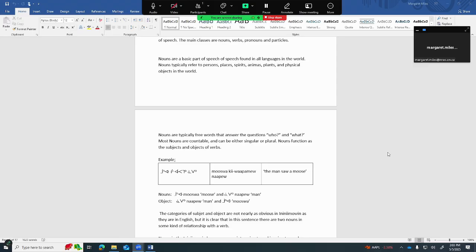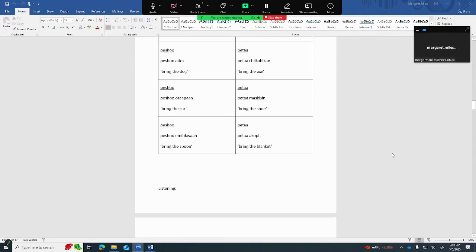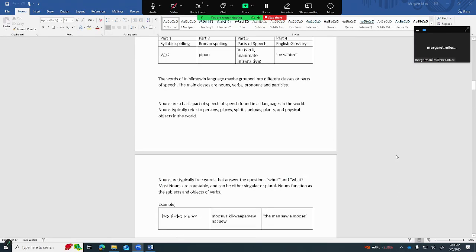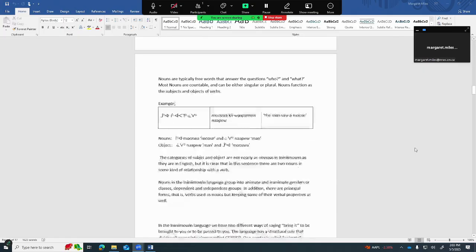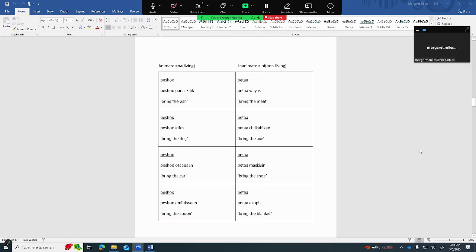So here's an example. Example chart. In the language, we have two different ways of saying bring it, to be brought to you or to be passed to you.